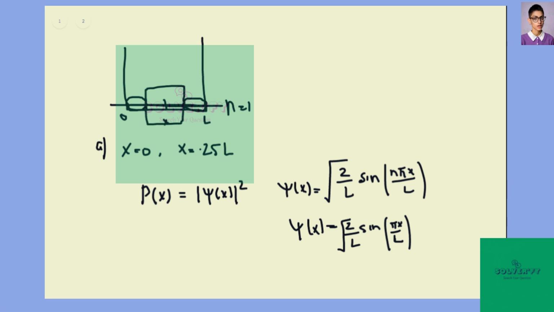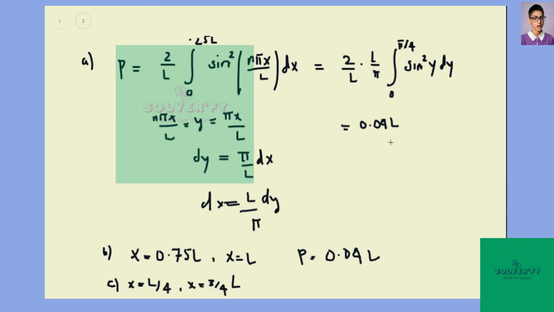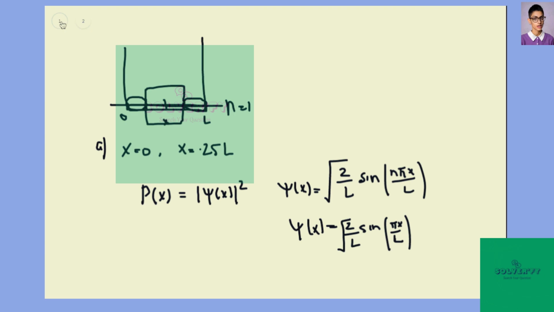Now we already know that the electron has to be between 0 and L. So the net probability of finding the electron between 0 and L is equal to 1. You will always find the electron somewhere between 0 and L. The probability of finding the electron between 0 and L over 4 is 0.09. And the probability of finding the electron between 3L over 4 and L is also 0.09.